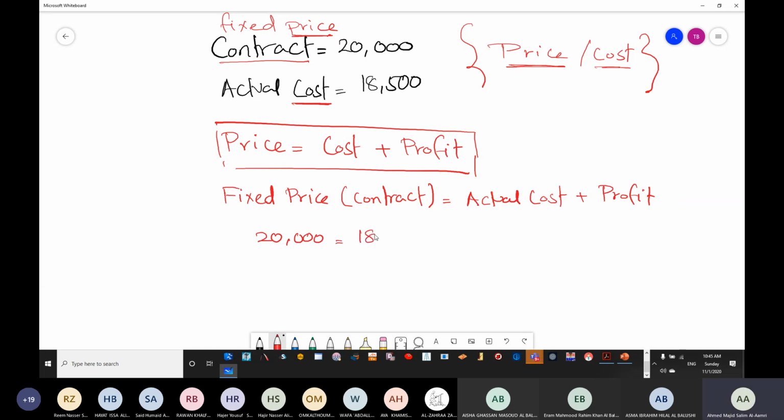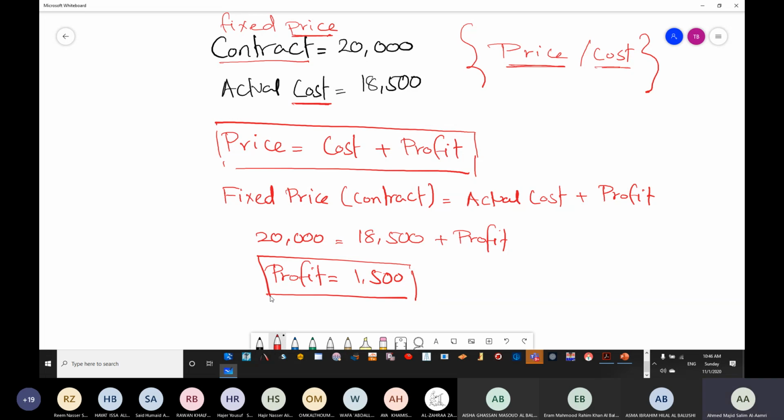The actual cost is 18,500 plus the profit. So the profit is going to be 1,500. Are we clear about whatever calculation I have done?